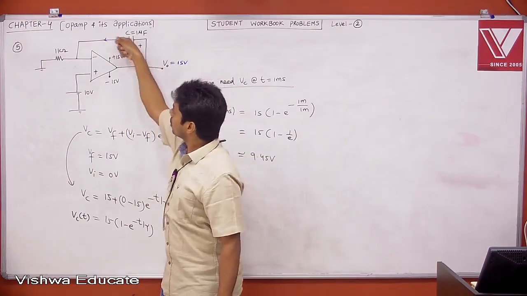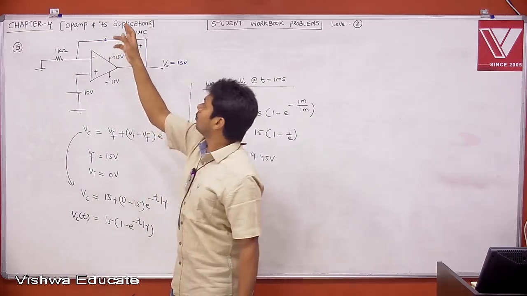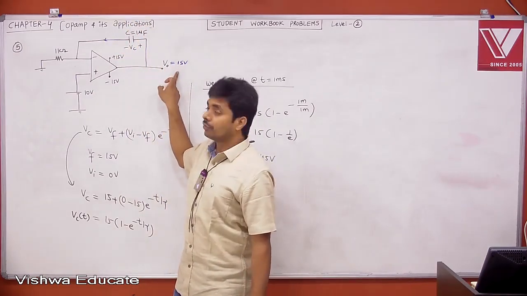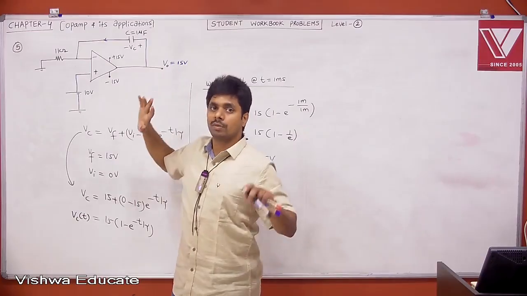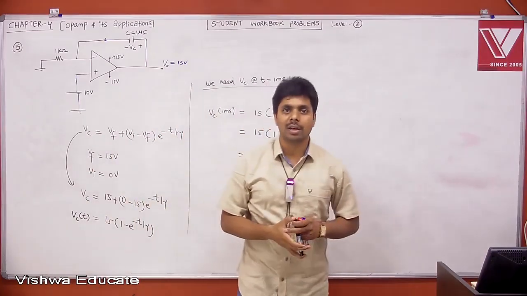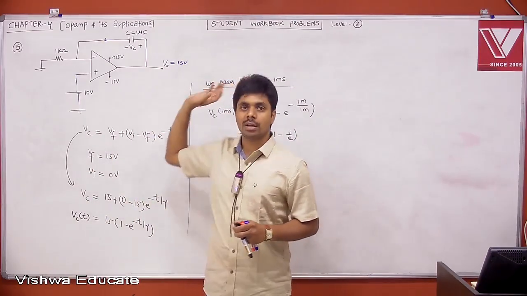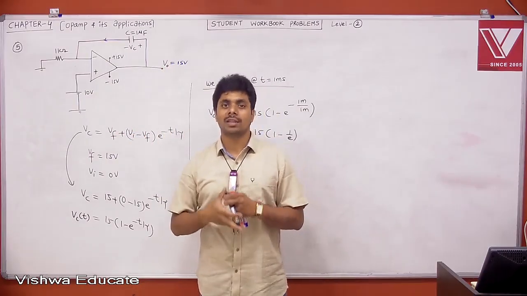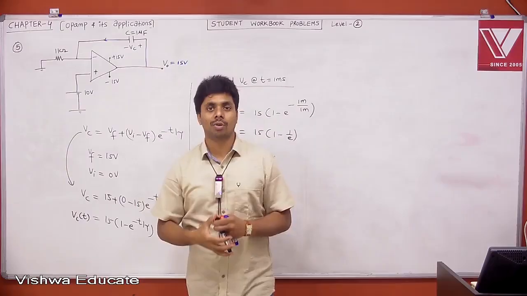The op amp will give you a constant current to flow. Then you will see that the voltage across the capacitor will increase linearly up to some point, until V0 reaches 15. Once V0 reaches 15, the virtual short concept is not valid because your output is saturated. Then remember, it increases exponentially. That is what we used, and then we solved. We got 8.94 volt.